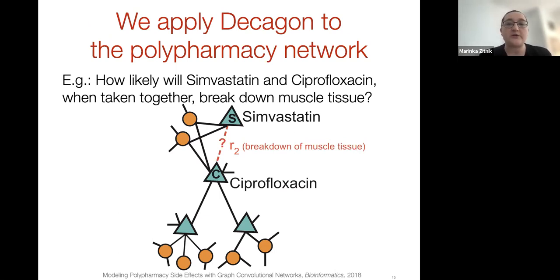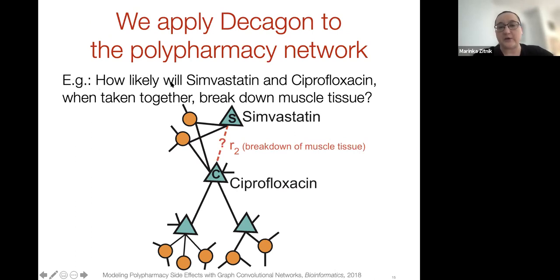And so once Decagon was specified, as we've seen in the previous slide, we applied it to our polypharmacy knowledge graph and tested it on its ability to answer queries of the following form.